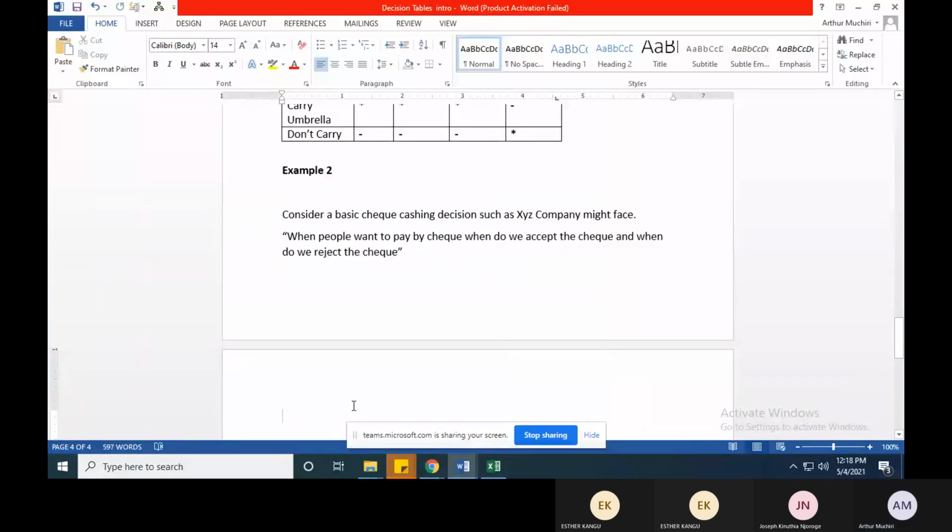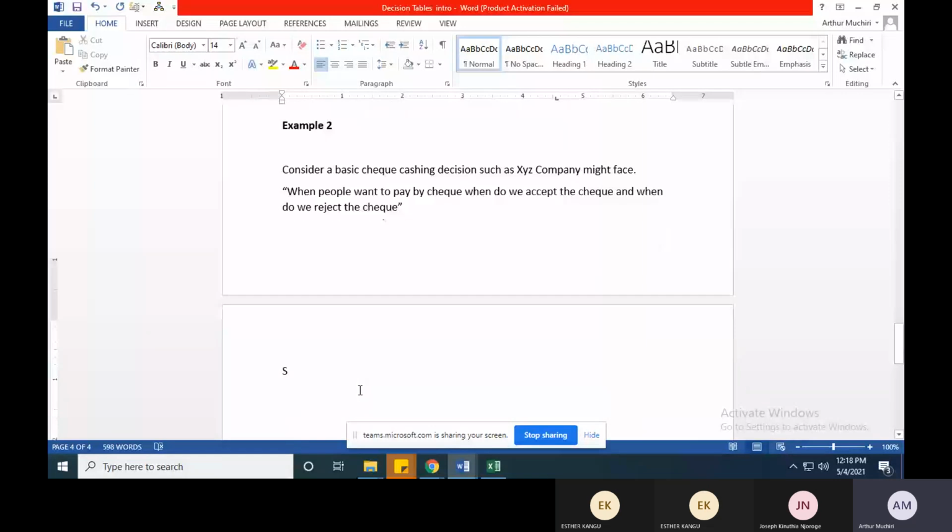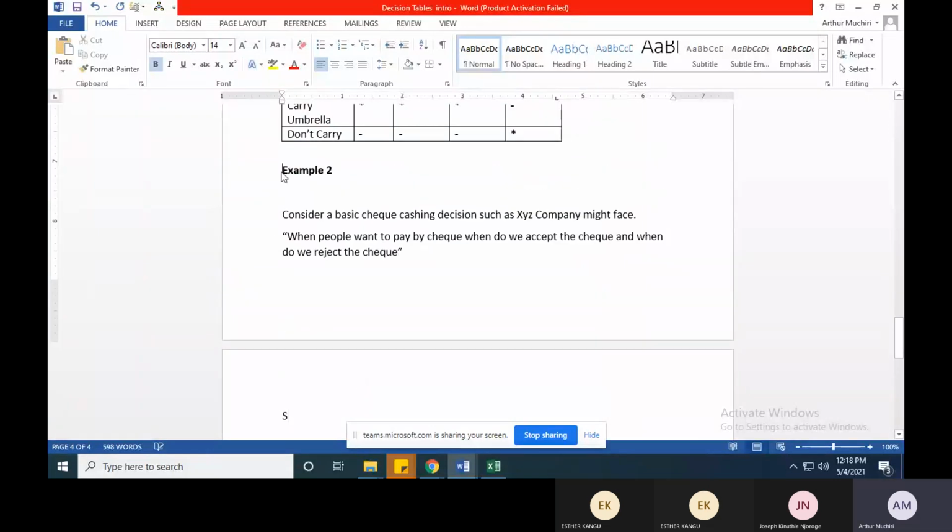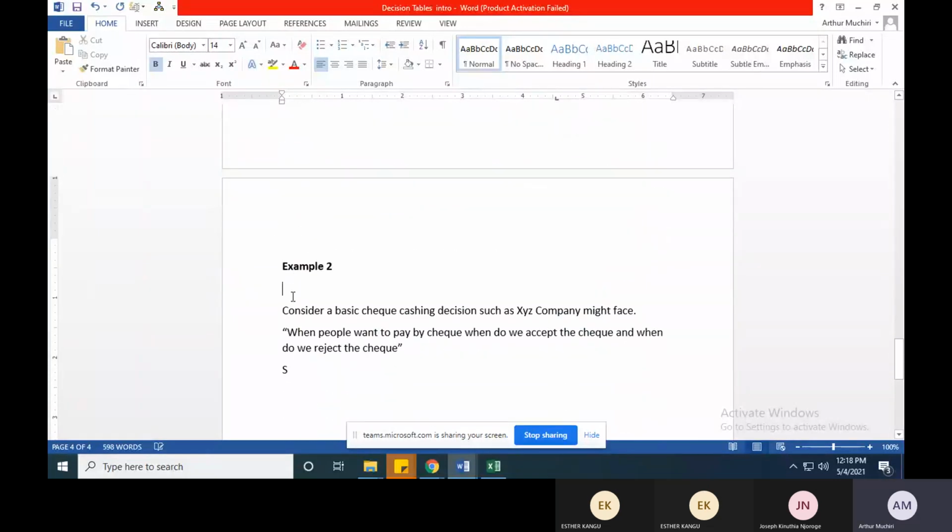Suppose that the firm, another question here, we proceed. Let me just press this one to the next page so that you can see it.